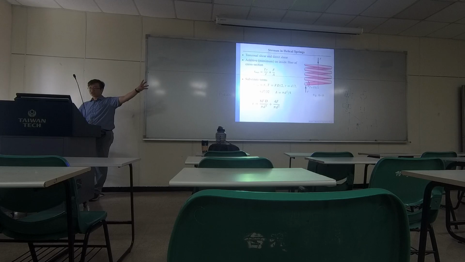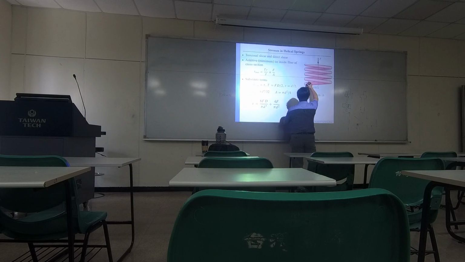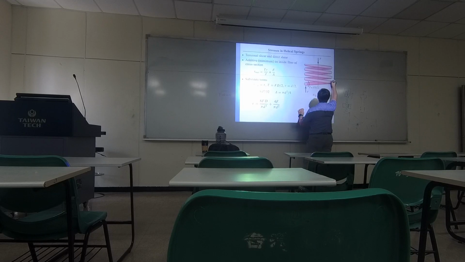F is going to be the force, and J is going to be the polar moment of inertia for circles. r is the small radius of the wire, and torque is how much torque is generated, and it can be computed by the force couple, right? So it's going to be F times half of the big D. So this is from the center point here to here.